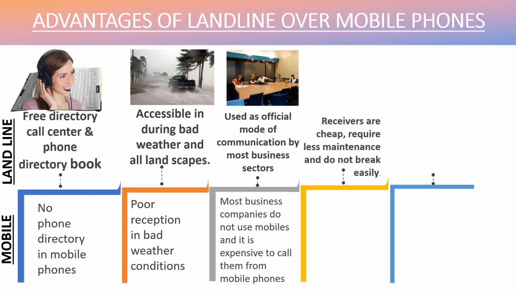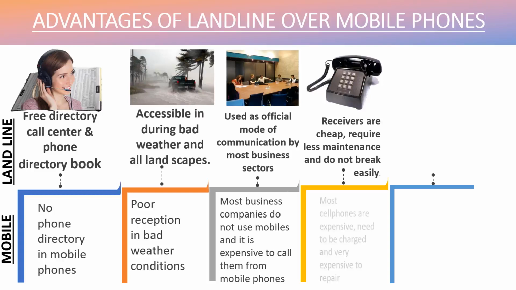Now, the fourth advantage of landlines is on receivers. The receivers of landlines are very cheap, they require less maintenance, and they do not break easily. Unlike cell phones, oh my word, with cell phones, receivers are very expensive. Although there are some that are a bit cheaper, most of them are very expensive.